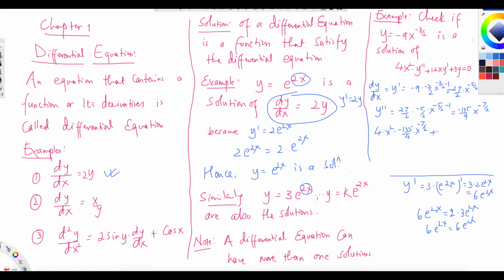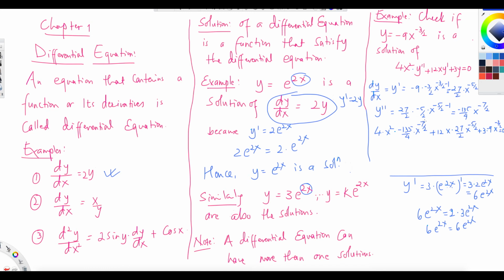And then plus 12x times y prime, which is 27 over 2 x to the -5/2, right? And then plus 3 times y, which is -9 times x to the -3/2, equals 0.